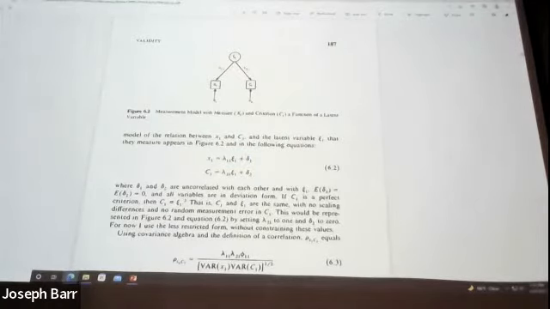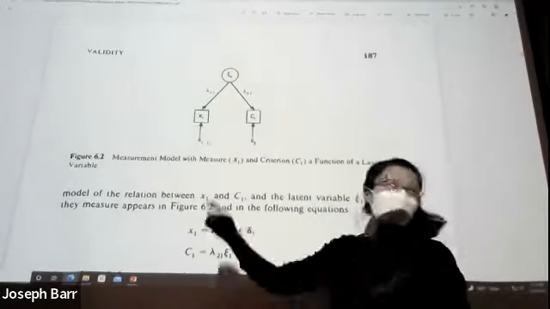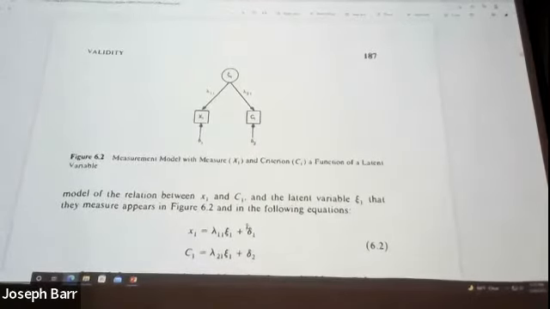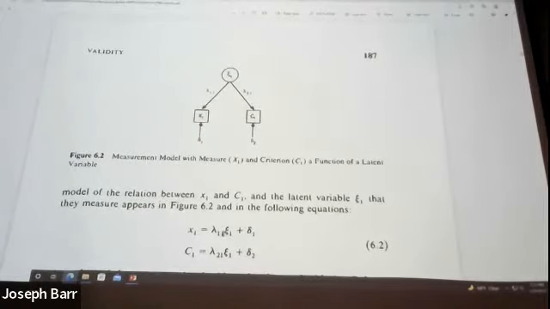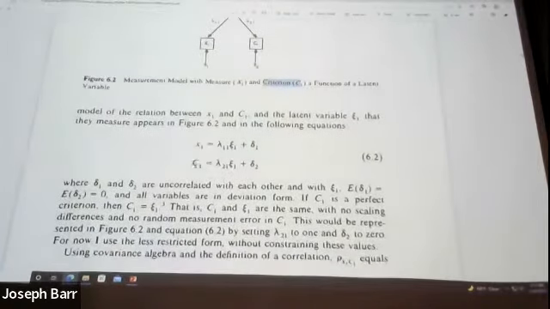X1 is the weight lambda 1 times the latent score C1 plus, in the textbook they use delta, but here in the slide we use Z. It's just notation. It's the same thing. So we have some part of the measurement error here. So this is X1, and also we have C1, a criterion, and we have a function like this.